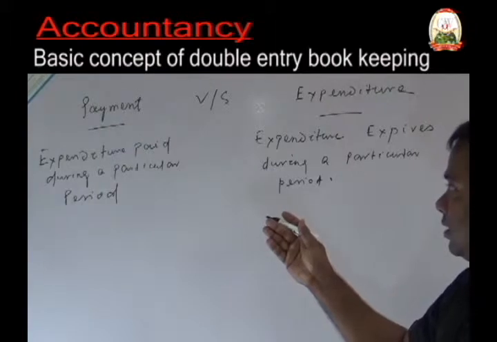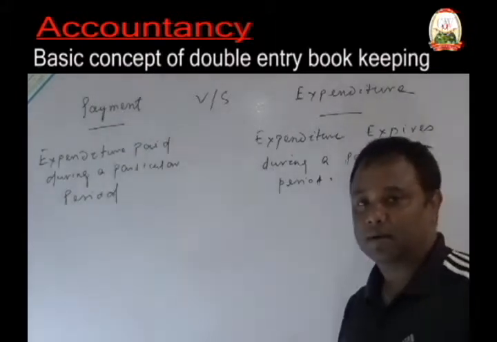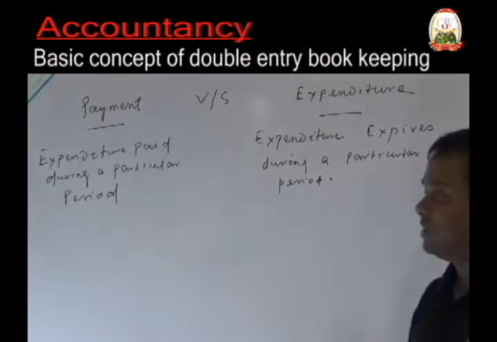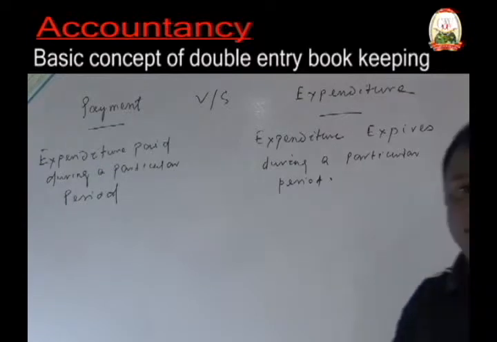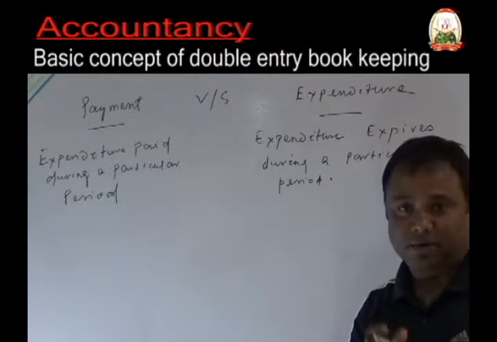Payment is the expenditure paid during a particular period, whereas expenditure is an expenditure which expires during a particular period. That means we have to take into consideration a particular period as an assumption. What is that particular period?